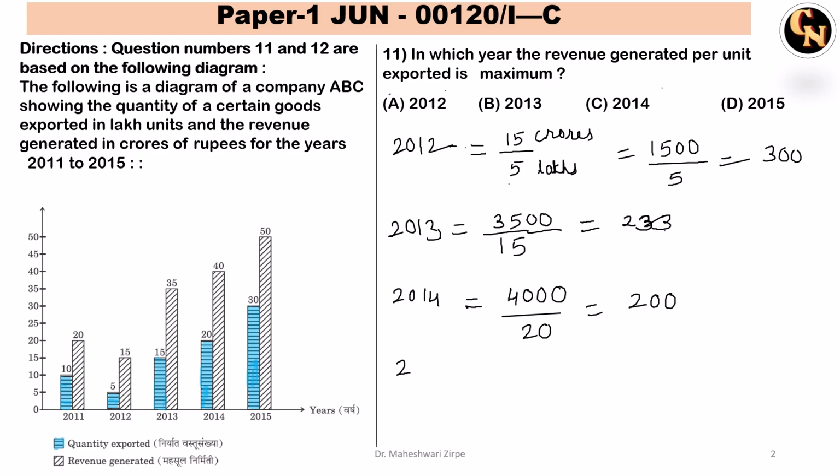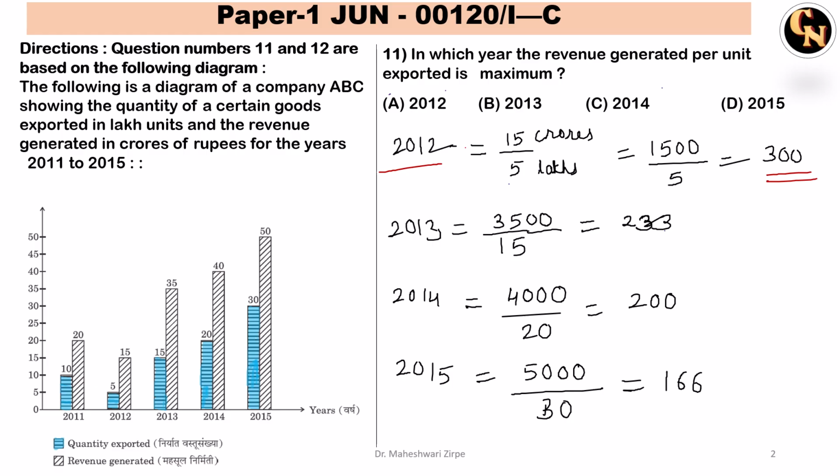Similarly, for 2015, let us solve. For 2015, it is 50 into 2 zeros, that is 5,000 divided by 30. So here you will find the value comes out to be 166.